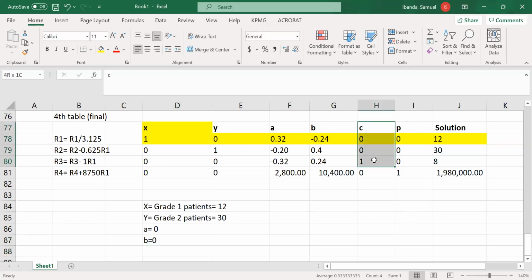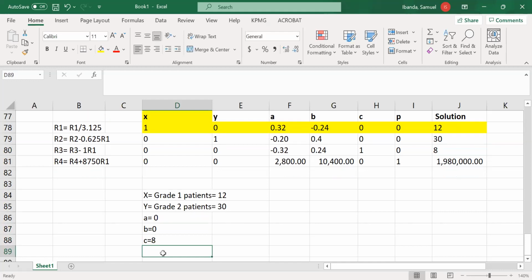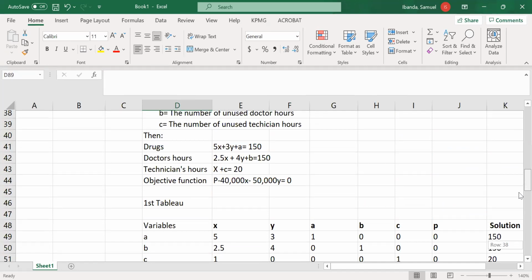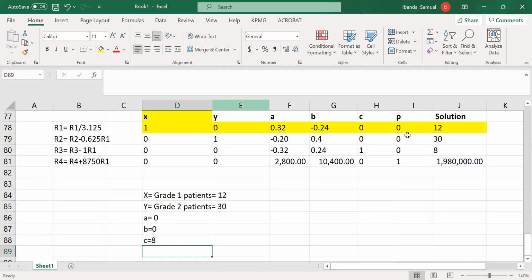C is actually 8. You come down here and go, this is 8. So C is actually 8. C is the slack variable attributed to technician's hours.